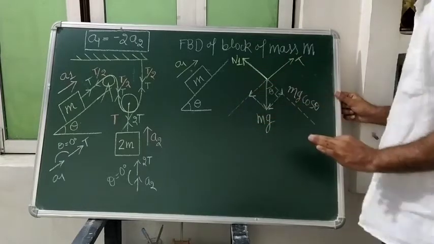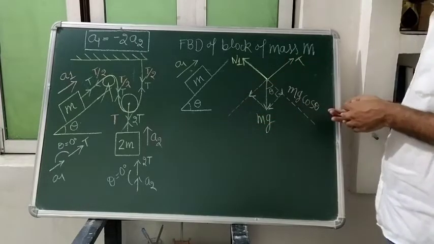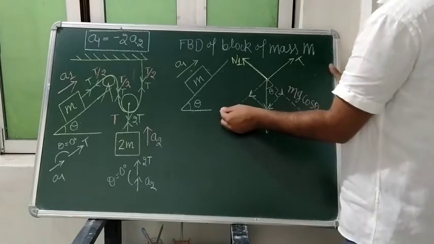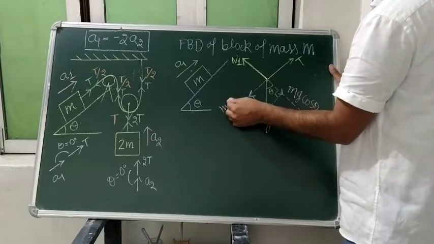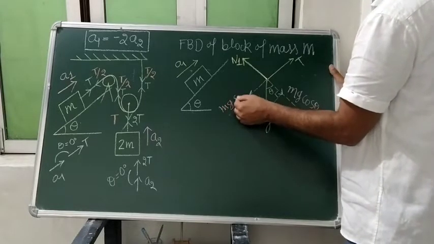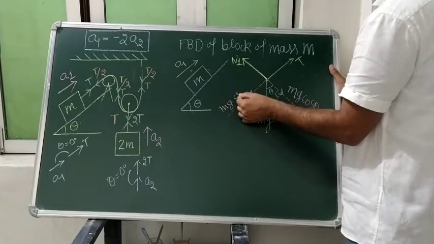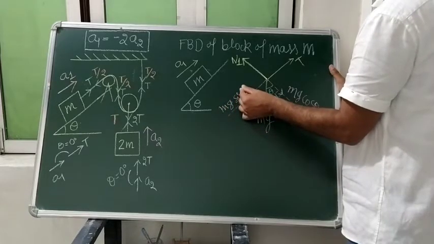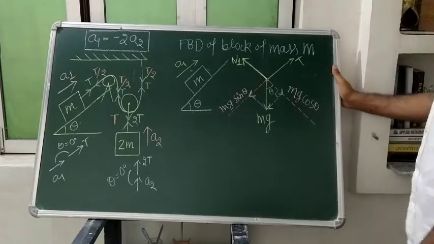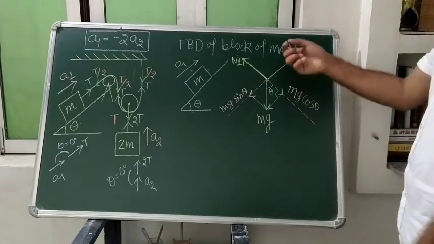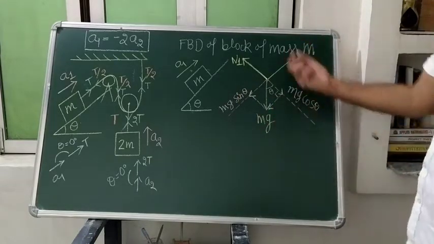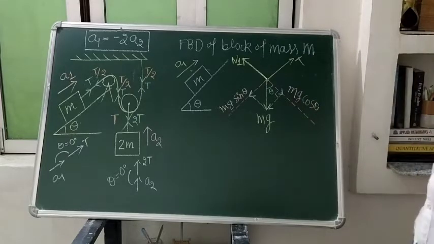Always remember the direction. So here we will get mg sin theta. Isn't it, students? So we have resolved the forces either along the contact surface or perpendicular to the contact surface. Okay? So write up to here.